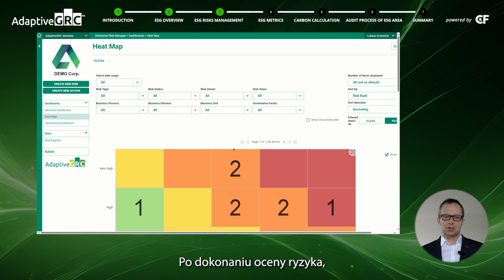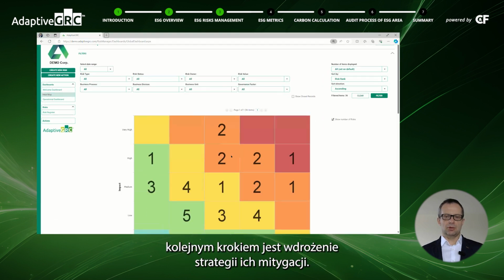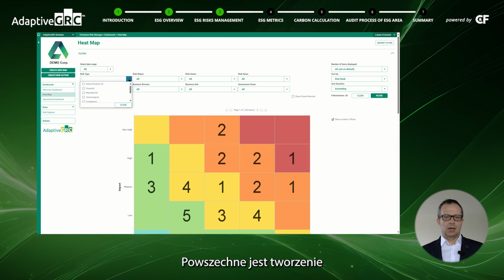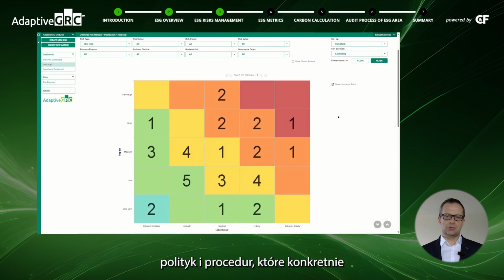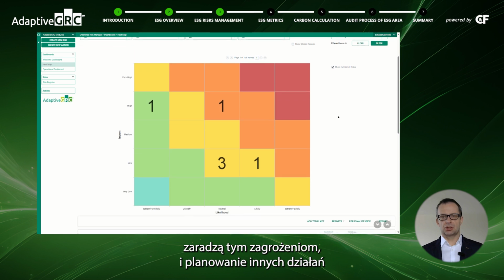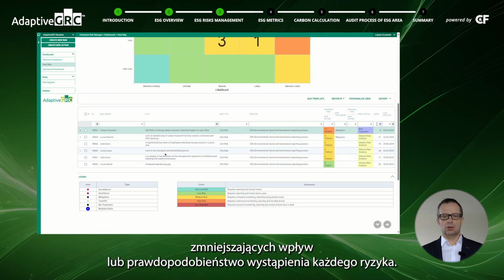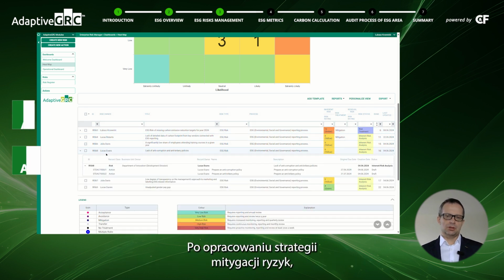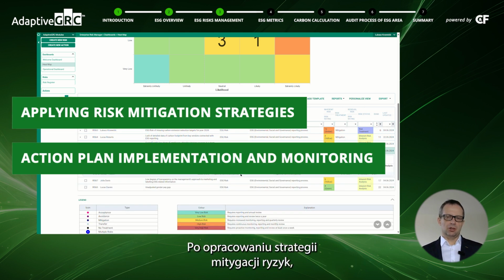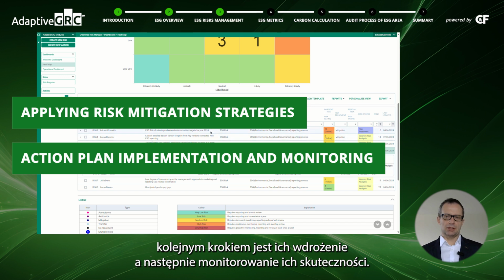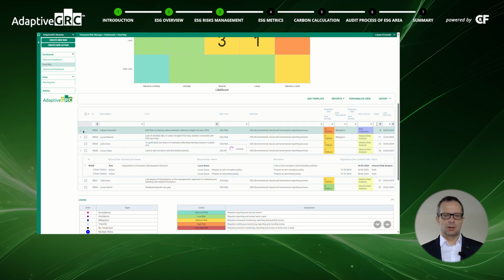After assessing the risks, the next step is to develop strategies to mitigate them. It is common to create policies and procedures that specifically address these risks and plan other actions that will reduce the impact or likelihood of each risk. Once risk mitigation strategies have been developed, the next step is to implement them and then monitor their effectiveness.